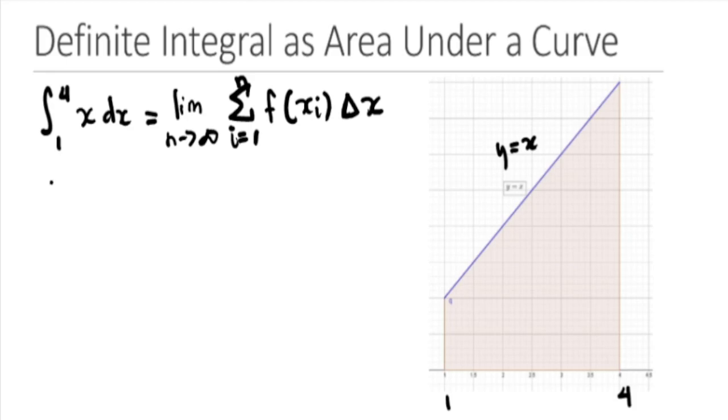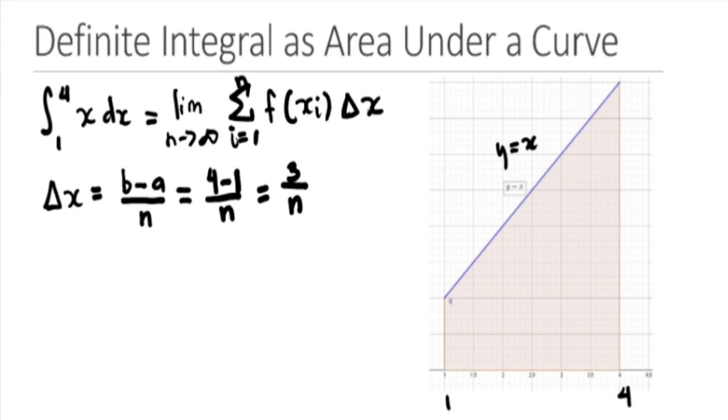Okay, in the general sense, delta x is b minus a over n. So this interval divided by the number of rectangles. In this case, that is n. So here, this is 4 minus 1 over n, or 3 over n.